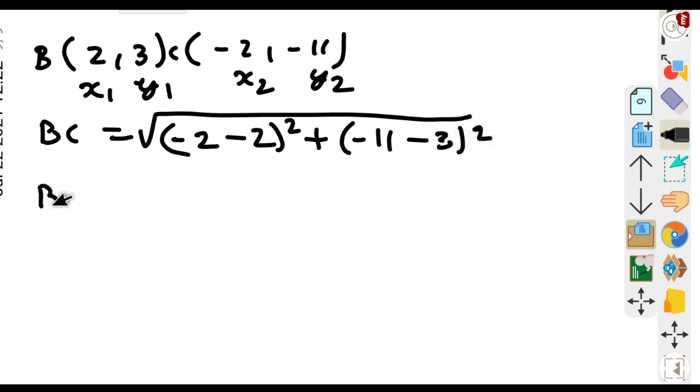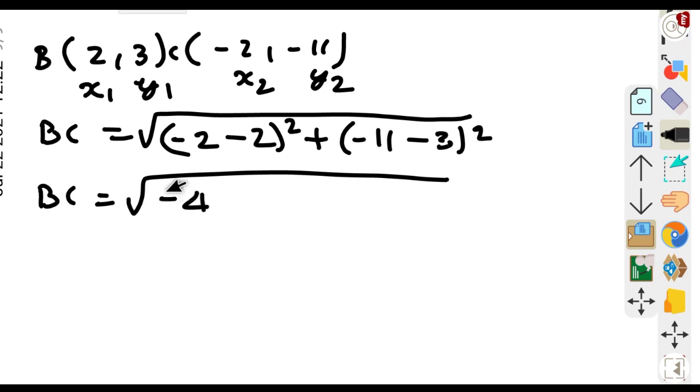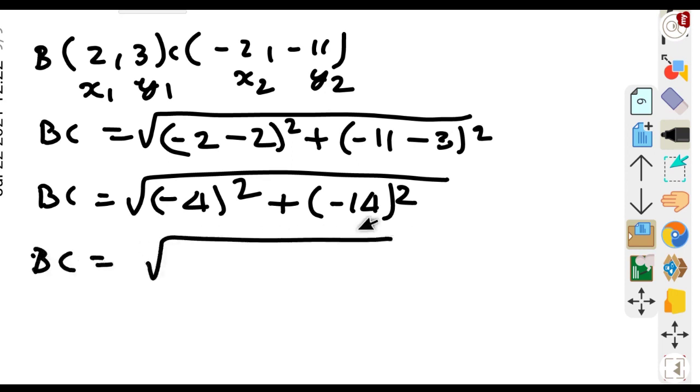So BC equals the square root of, minus into minus will be plus, so 2 plus 2 is minus 4 whole square plus, here also minus into minus will be plus, so you need to add 11 plus 3 is 14. You need to apply the sign of the biggest number, so it's minus 14 square, correct? So BC equals the square root of, any minus square will be plus, so 4 square will be 16 plus 14 square will be 196.